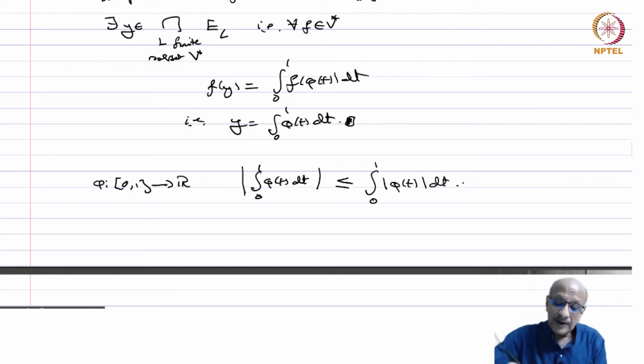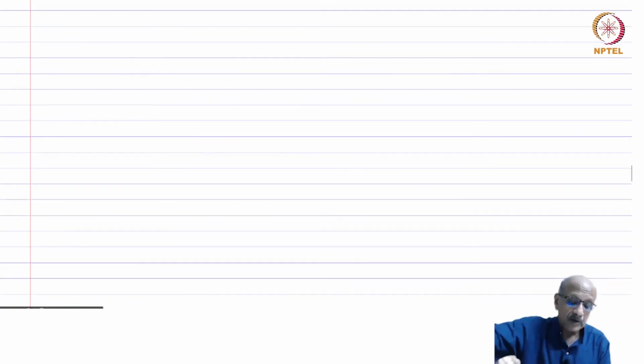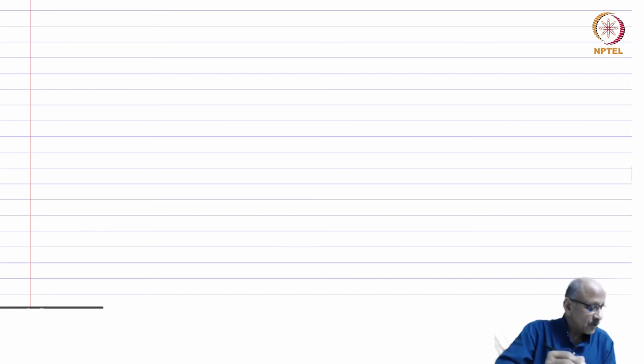So we want to generalize this to vector valued integration, because this is a very, very important estimate. Whenever we want to estimate the norm of an integral, this is the first step we will do.